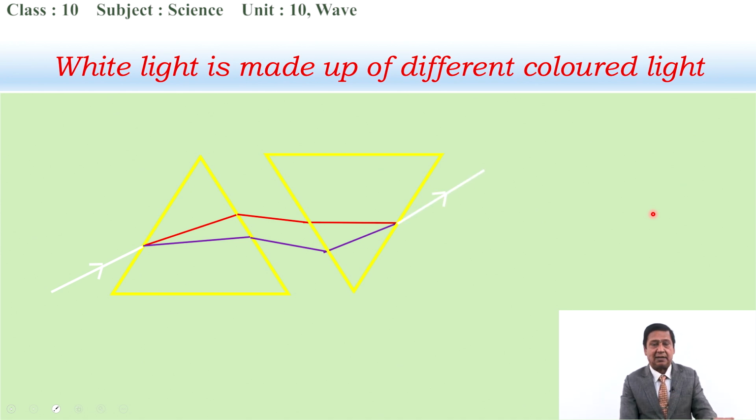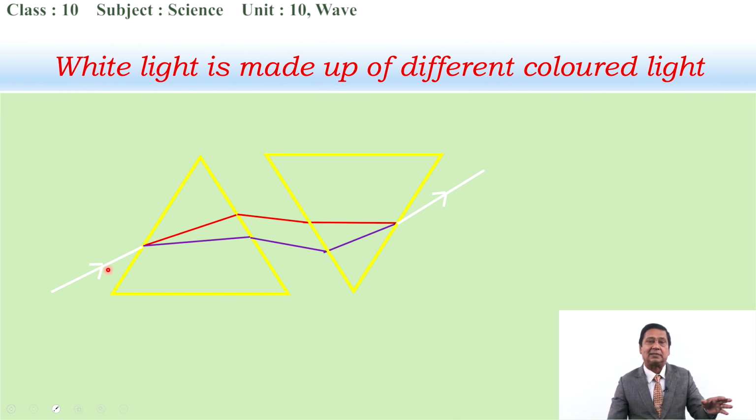It proves that actually the prism is not adding any color to white light. Because at that time this was a great question for the scientists that probably the prism is adding different colored light to white light. That's why 7 different colored light appeared. It was later proved that no, this is wrong.